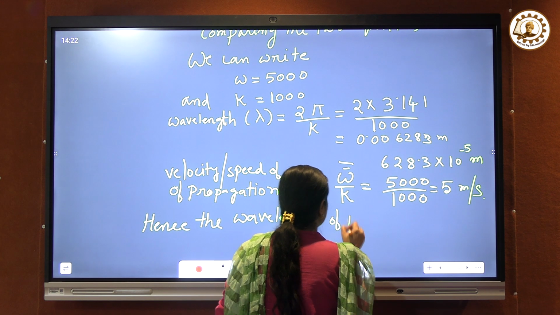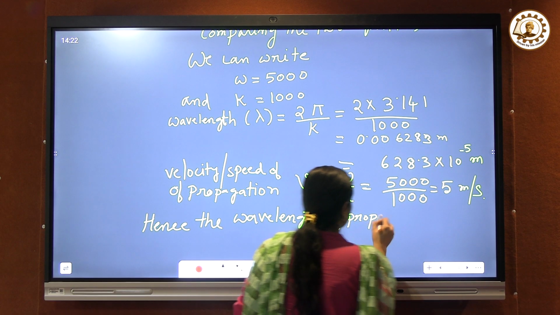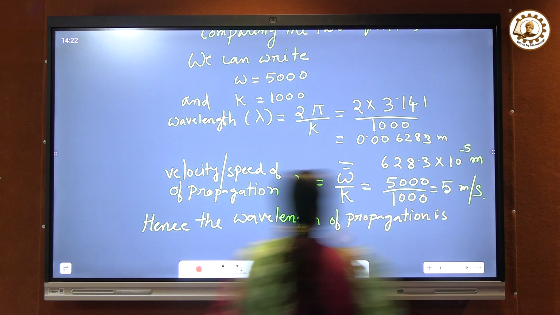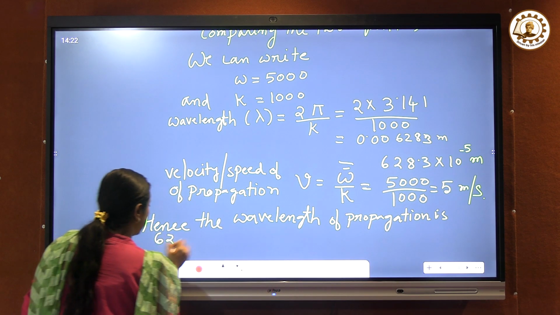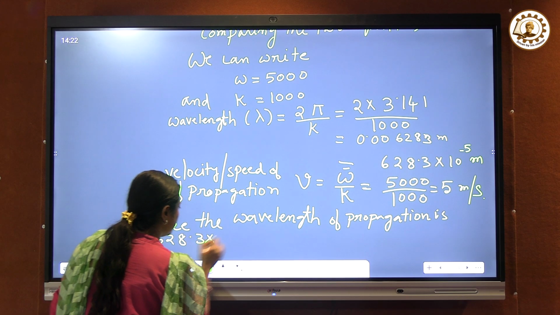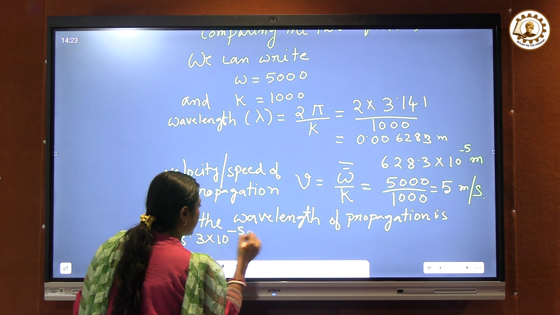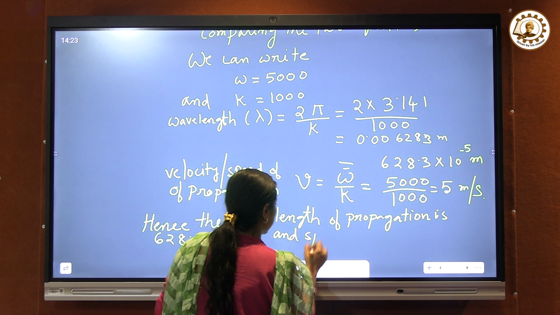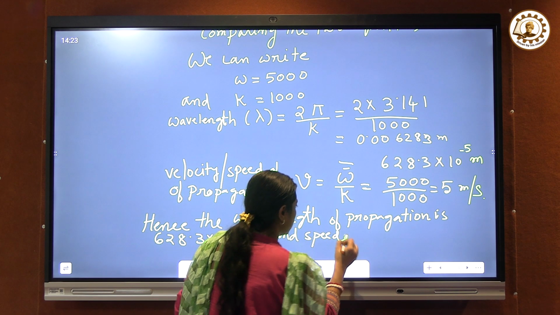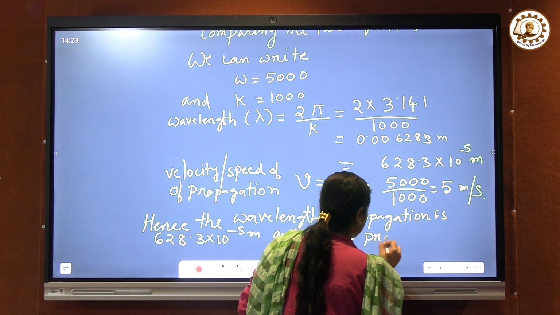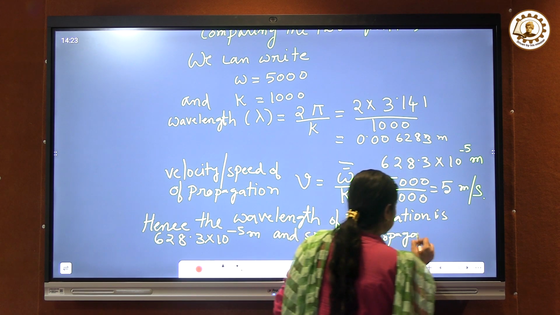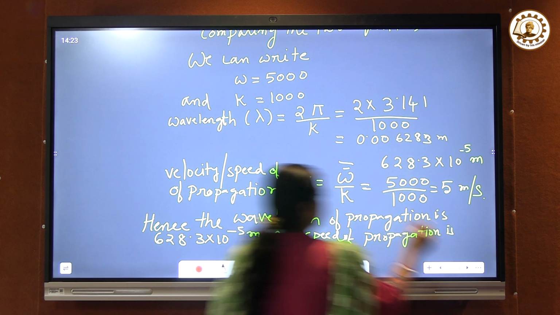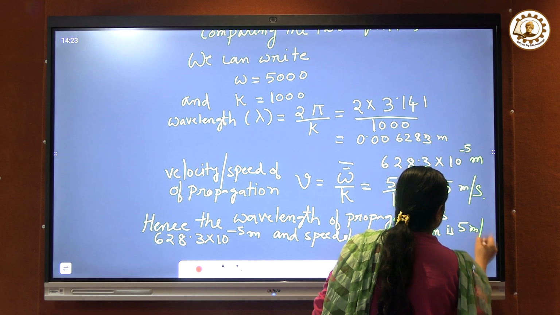Wavelength of propagation is 628.3 into 10 to the power minus 5 meter, and speed of propagation is 5 meter per second.